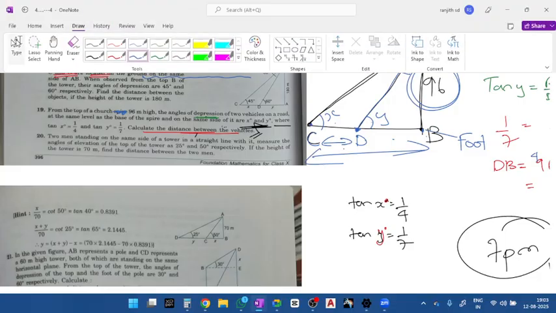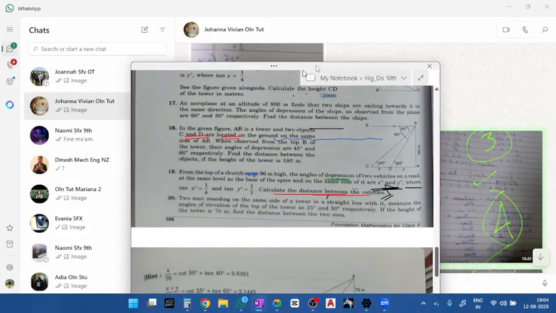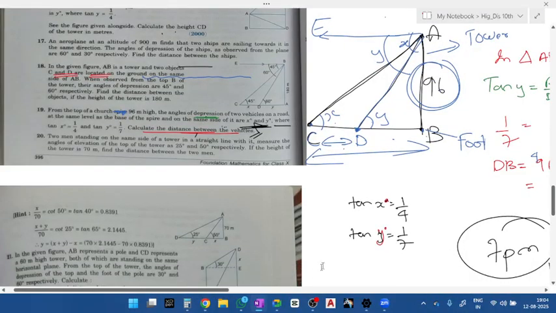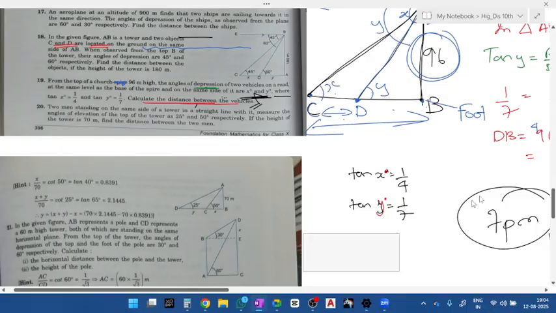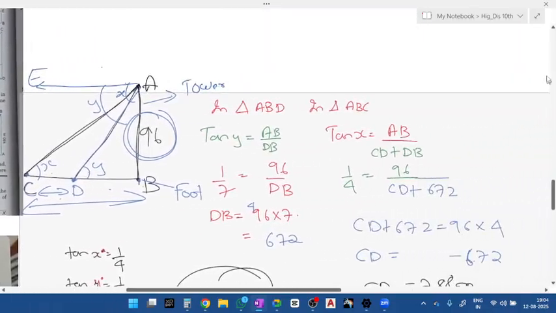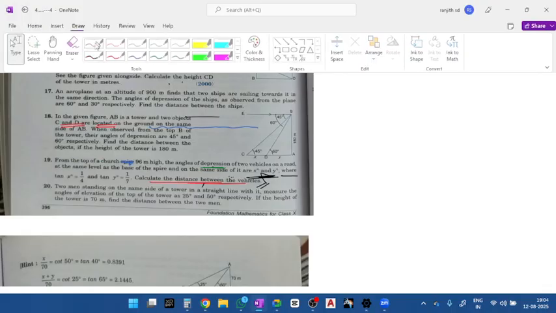Okay. Will you all try the 20th question? Can you draw the diagram for the 20th question, students? All of you? Draw the diagram and tell me what kind of angle is given. Theta value. Is it angle, decimal, or fraction? 20th question.